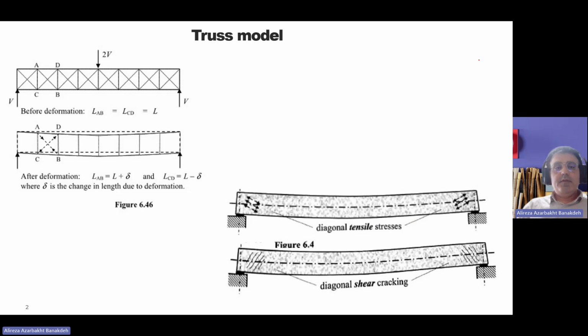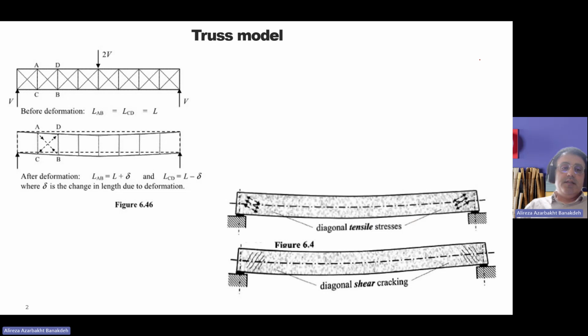Even though the truss model, which is used to simulate the behavior of a concrete section for the shear actions, is not very new. It's old, but still it is used in different codes, including Eurocode.